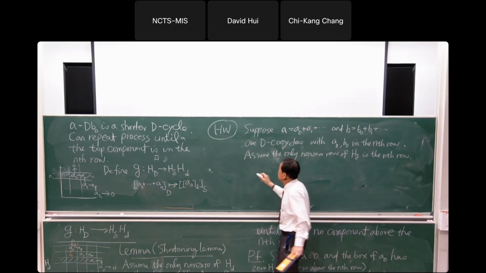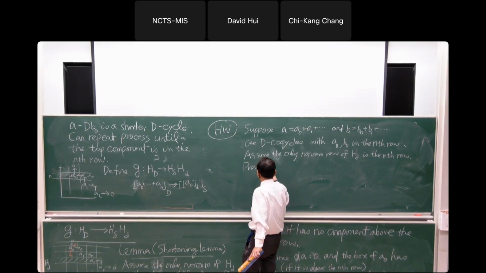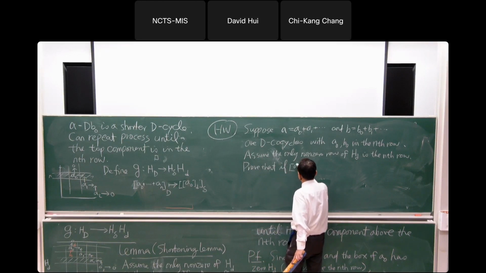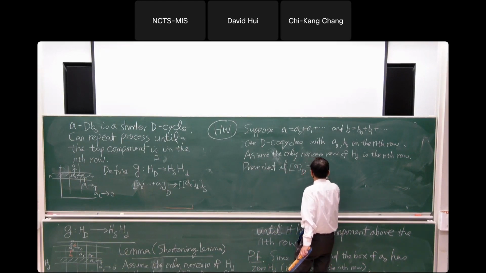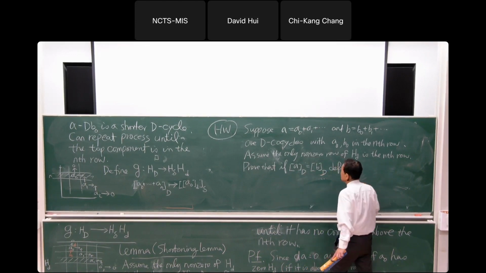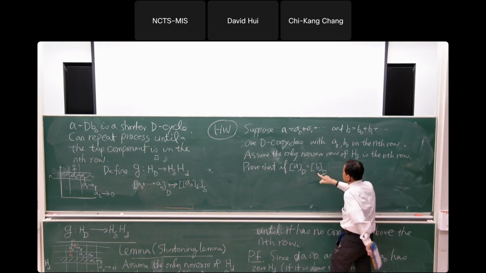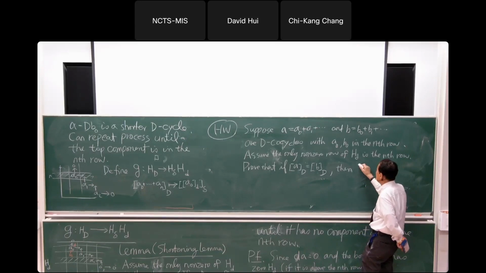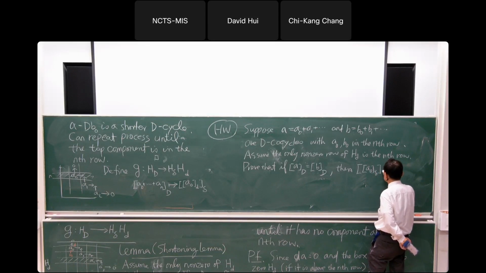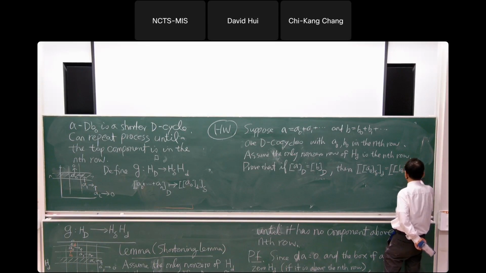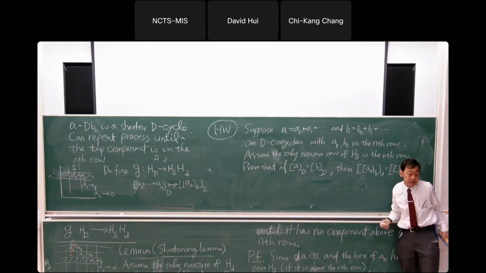So prove that if A and B define the same cohomology class, then you want to prove that A0 and B0 give you the same cohomology class in H delta HD, okay?